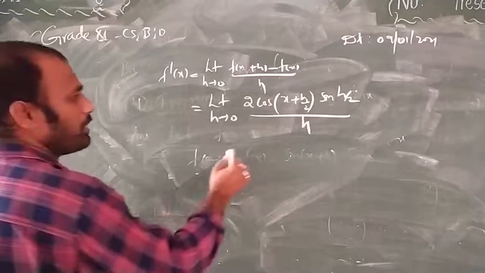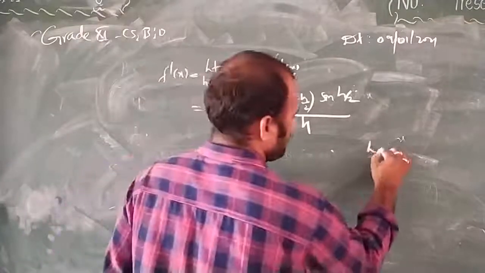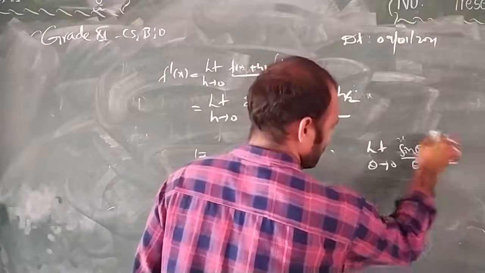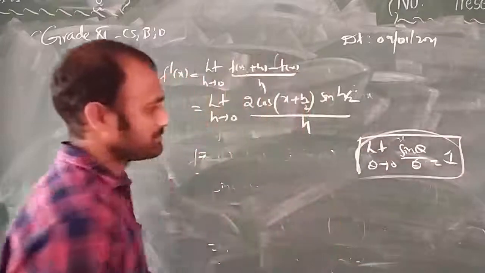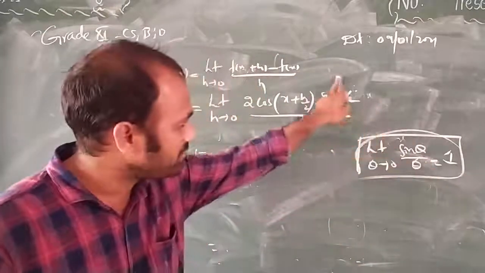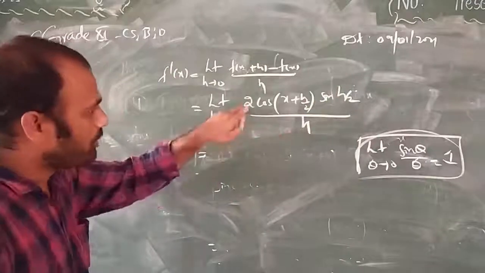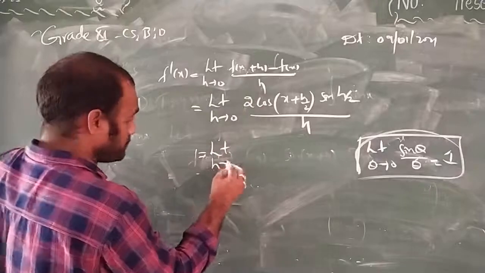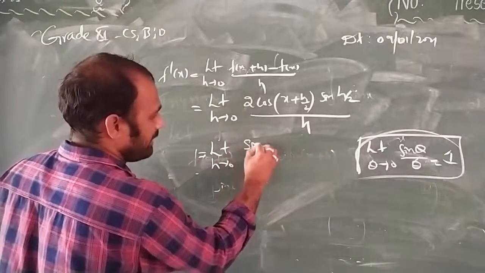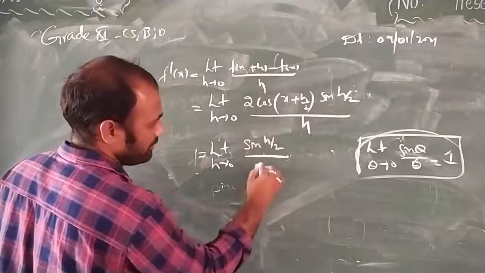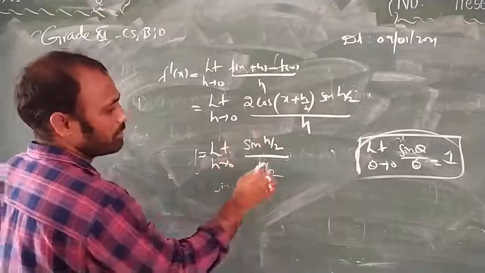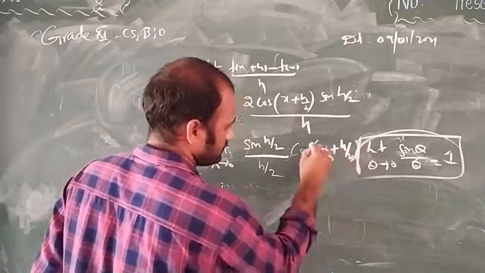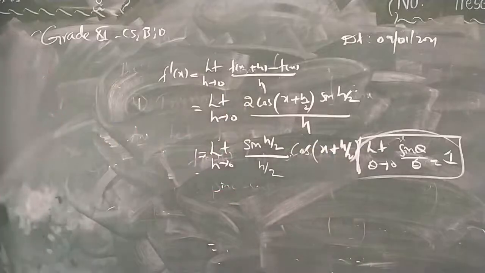Now we know the formula that limit theta tends to 0 of sin theta by theta is 1. So let us apply this. Now if you see here, theta is h by 2, but here it is h. So whatever this 2 is there, you just bring it down. So it will become limit h tends to 0 of sin h by 2 divided by h by 2, and this 2 is coming down into cos of x plus h by 2.